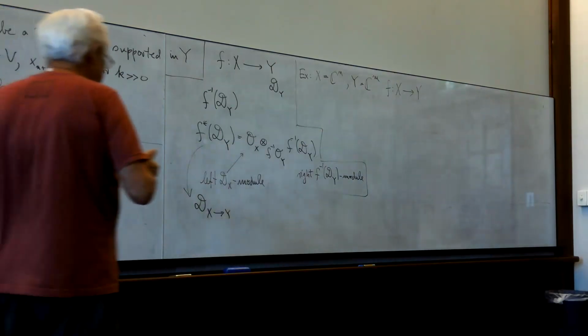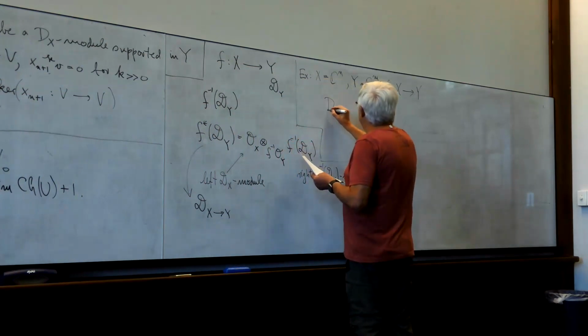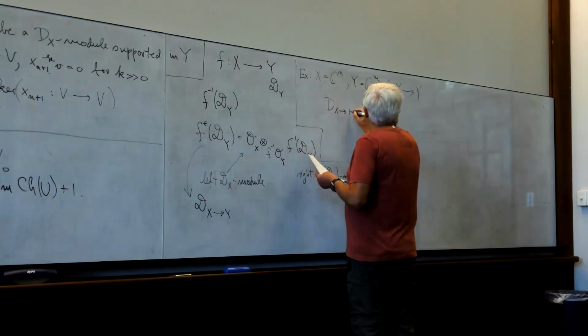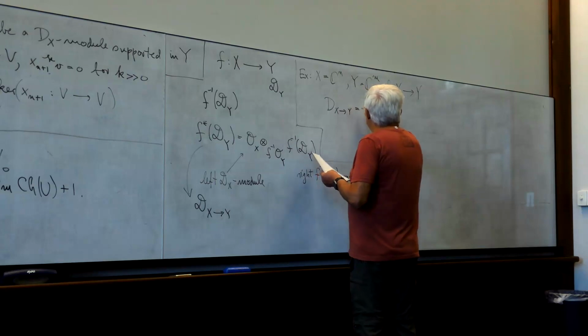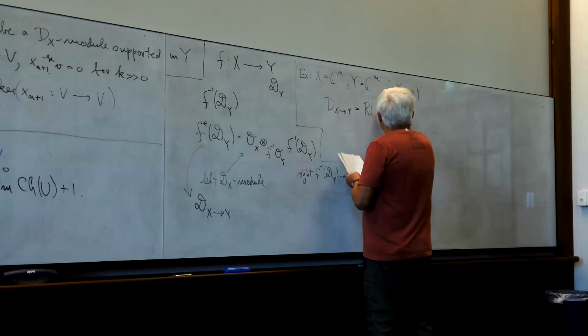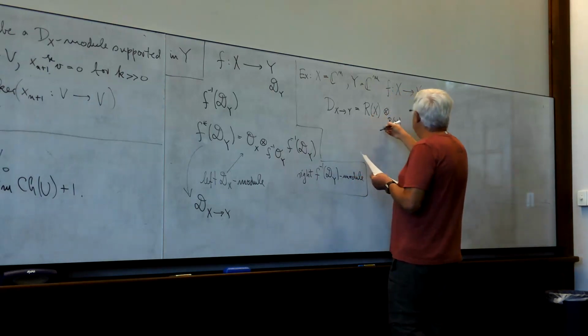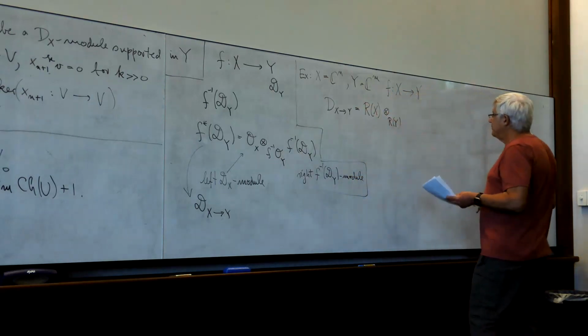Then, if you look at local sections, D_{XY} is just a tensor product of regular functions on X over regular functions on Y. Here the multiplication is by pulling back regular functions.